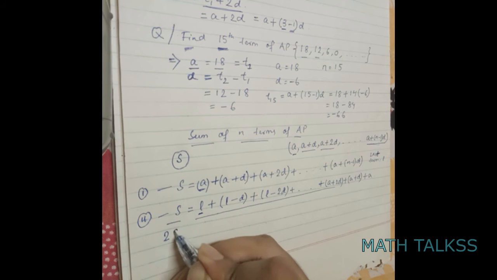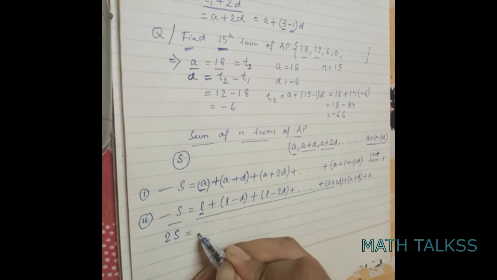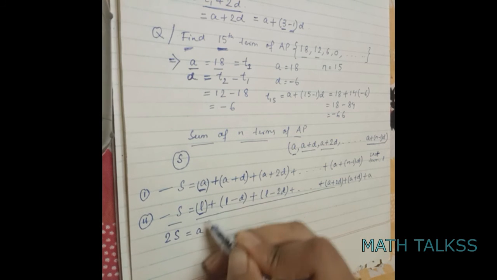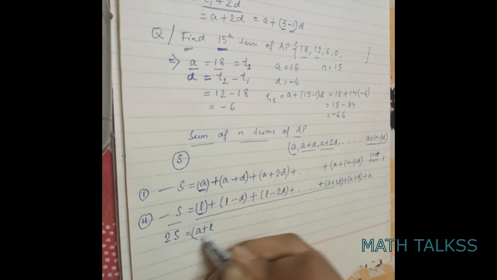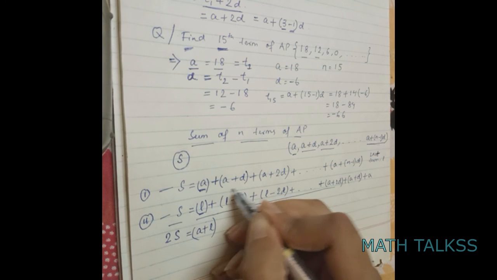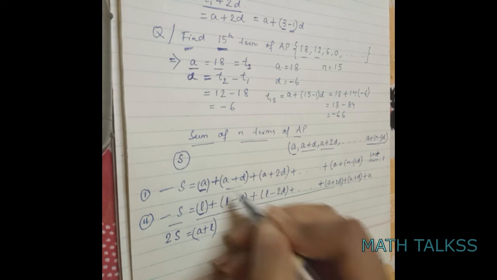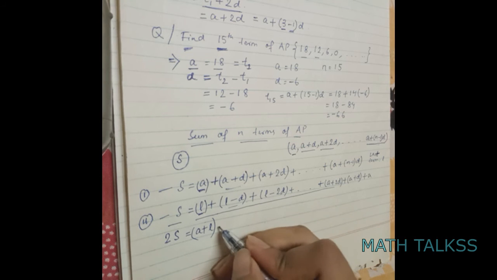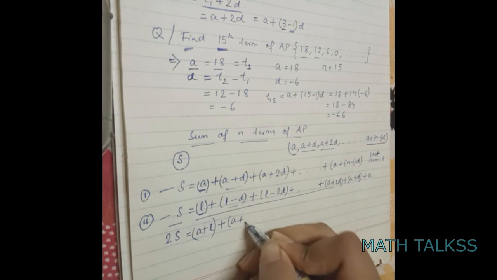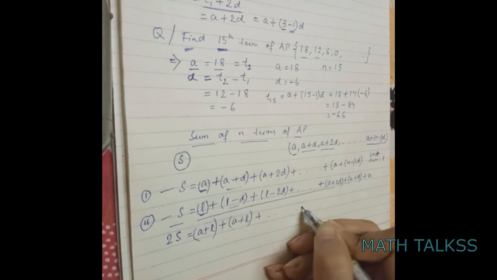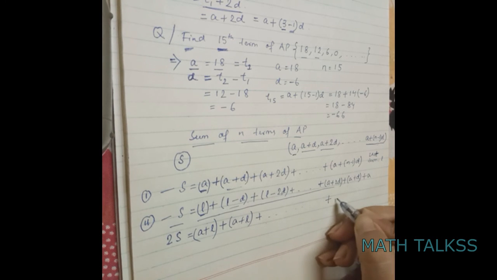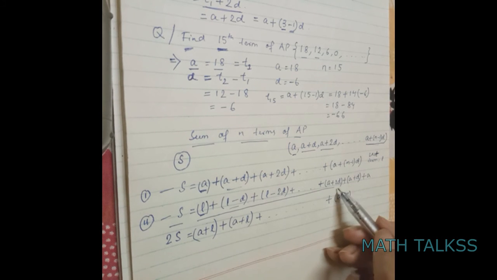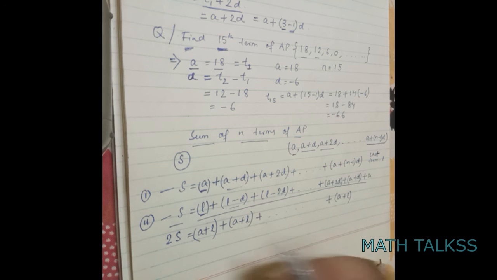The left hand side becomes 2S, and on the right the first terms give a plus L. For the second terms, a plus d plus L minus d, the common difference cancels, so again we get a plus L. In this way, up to the last term, we get a plus L each time, n times.